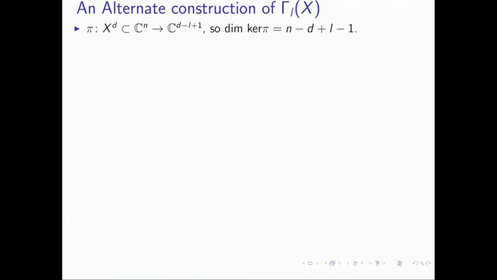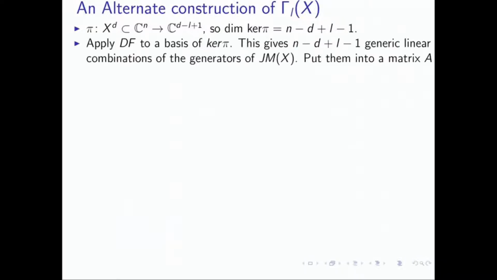Now I want to talk about another way of constructing these polars, which will show us how to do it for modules. So the idea is that when we choose a projection, we're choosing a kernel. If we apply df to the basis of the kernel, that's going to give us this many generic linear combinations of the generators of Jm of X. Then it's the size of the kernel.